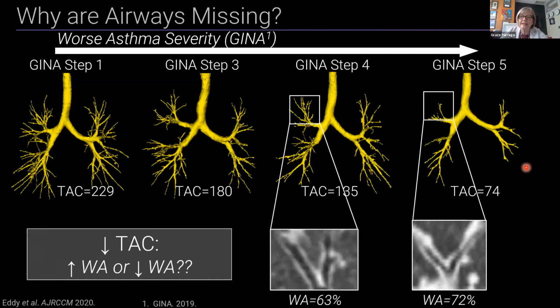And you can see that in GINA 4, where the total airway count is 135, you can see this nice airway, and you can measure the wall area percent, and that's 63%, which is abnormal for sure, but it's much better than in this GINA 5 patient, where you can actually follow the airway out and see it thickened, and then it truncates. So to answer the question, we feel that airway thickening in asthma is what's leading to airway truncation, at least on the CT scans.